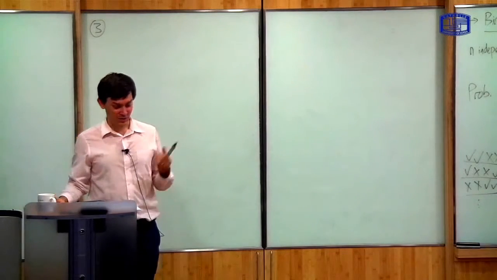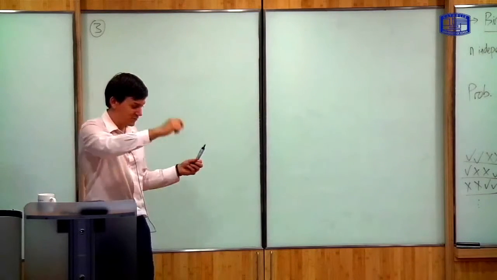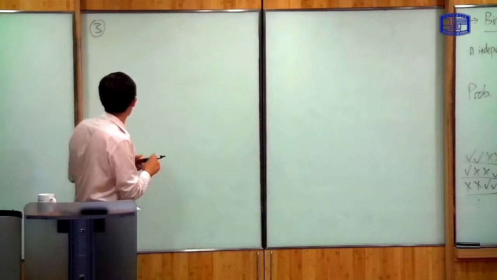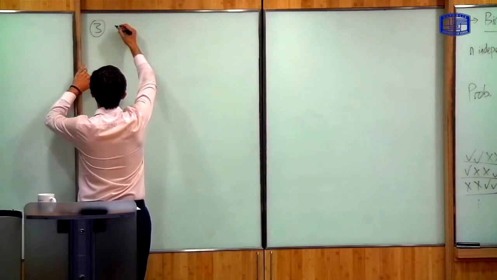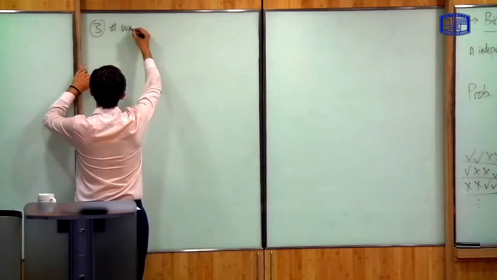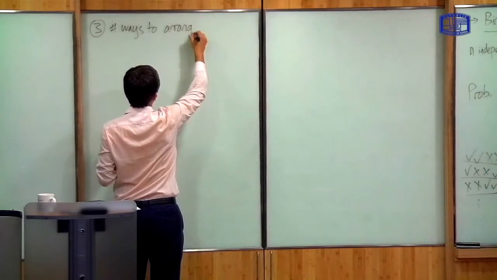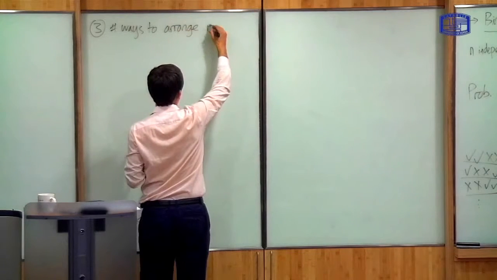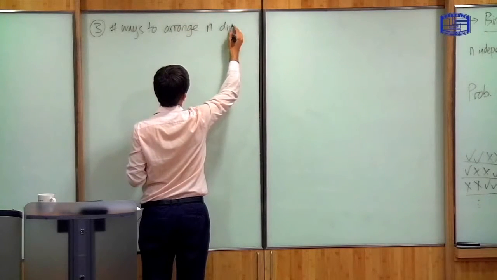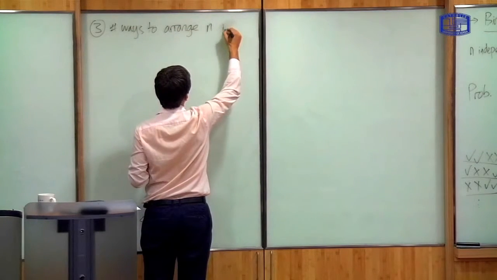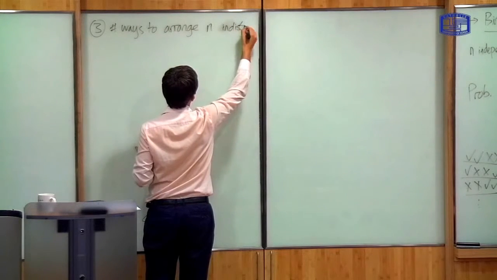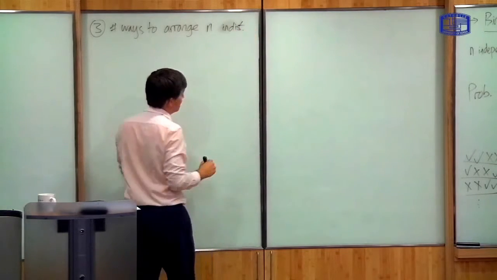We now imagine that we have a certain number of balls, and I have to put these into a certain number of boxes. This is the number of ways to arrange, and I'm going to suppose that I have n balls which are indistinguishable. Let me just write this down.